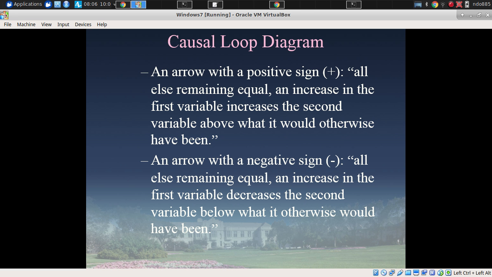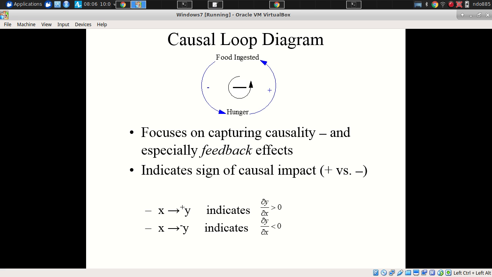But system dynamics causal loop diagrams can be very useful as a precursor to agent-based modeling as well. Now, within the context of causal loop diagrams, we have a diagram that consists of vertices and edges.